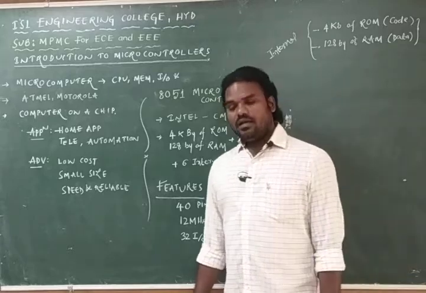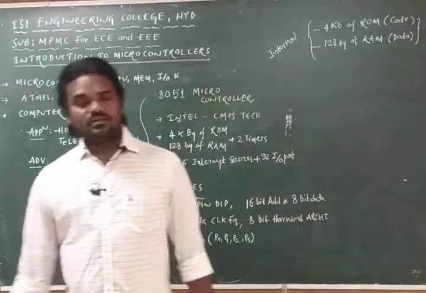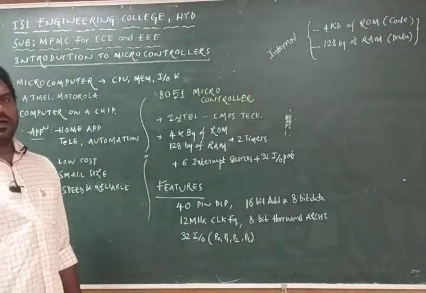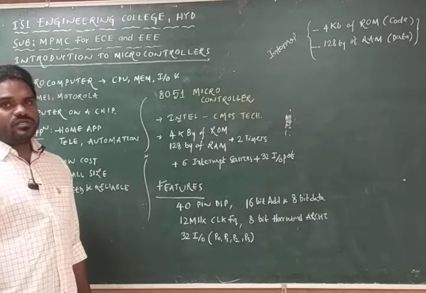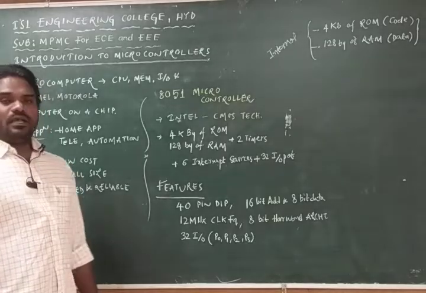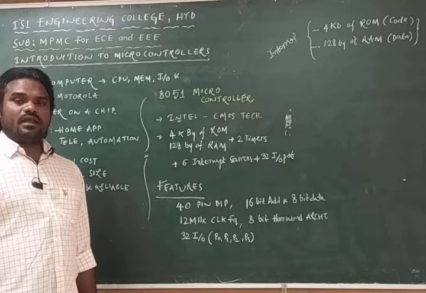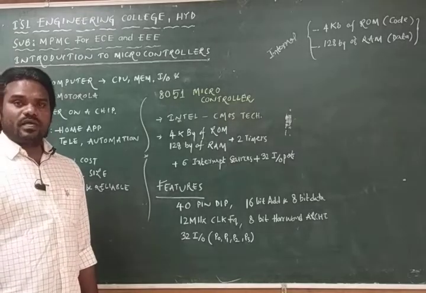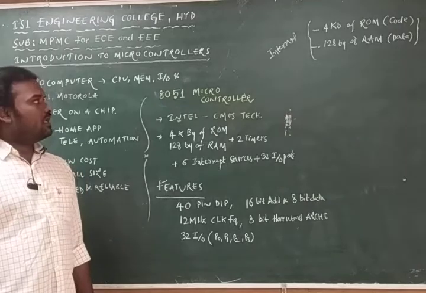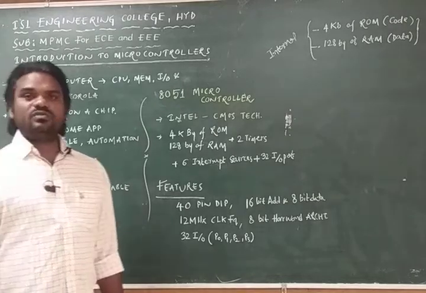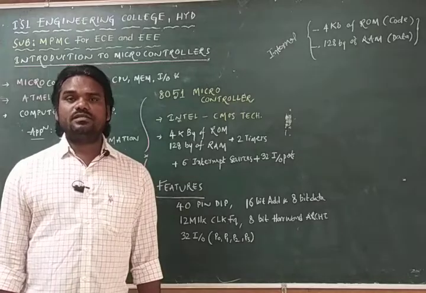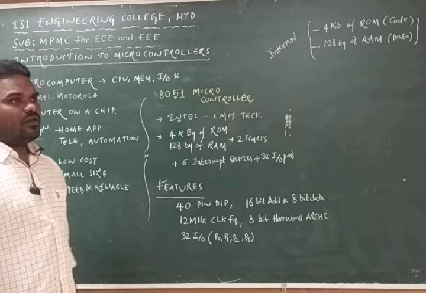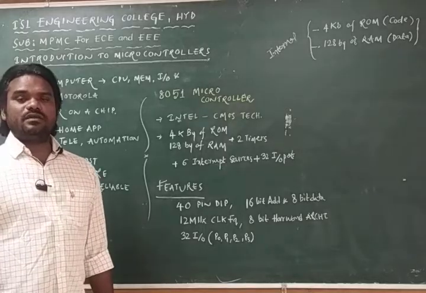We know that the parts of the computer consist of the CPU, the brain of the computer, called the central processing unit, and it will have the memory that may be RAM and ROM, and that can be connected with some input output devices like the keyboard and the printers, and it can be interfaced with some specific function devices like the counters, so that we have all this arrangement for the computer.